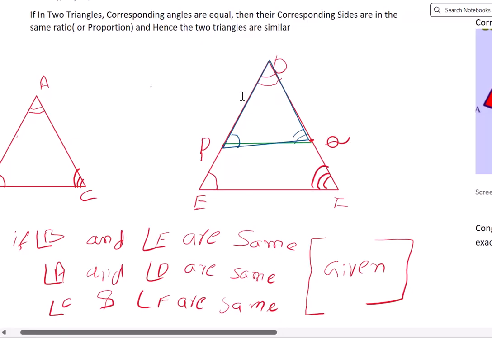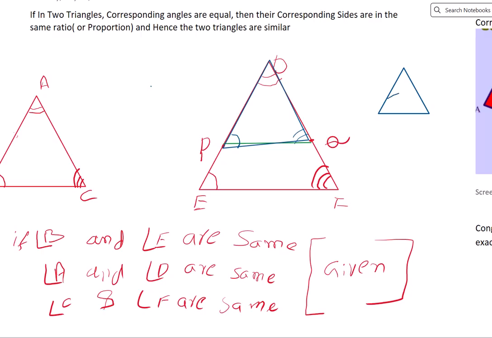So a small check here. We are kind of doing a back check. If these lines are not parallel, then these angles will not become equal. Let's do a cross check for better understanding. So I have this triangle and I am making one line which is not parallel.